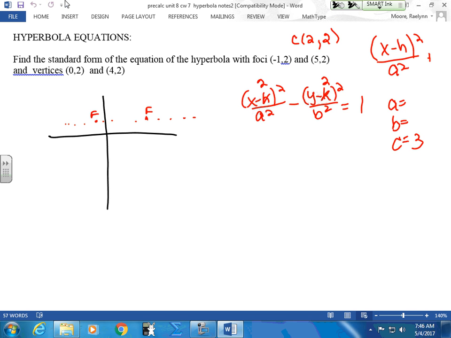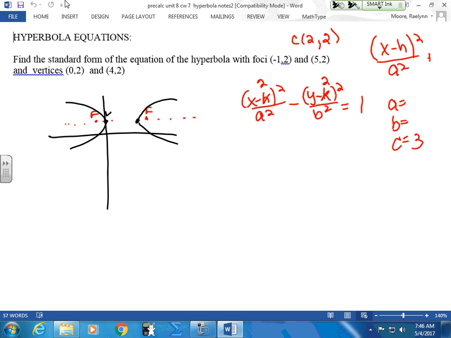And don't forget, my hyperbolas are going to go like this, because they're going to be hooked around this, not where my vertex is yet. So now I got vertices at 0, 2 and 4, 2. So now they're going like this somewhere. Agree? Okay, because my foci were inside of there.